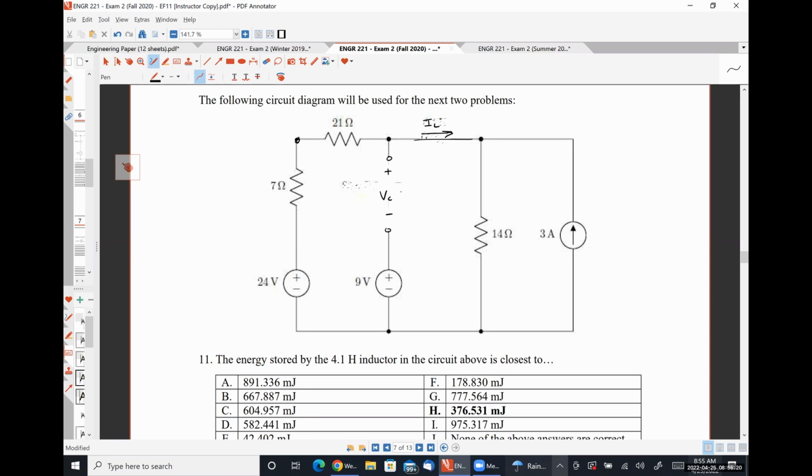I would argue that a single application of KCL probably isn't going to give us all the information that we need. Nodal analysis or mesh analysis here would be right, but it's just multiple applications. So we'd be applying it effectively everywhere.